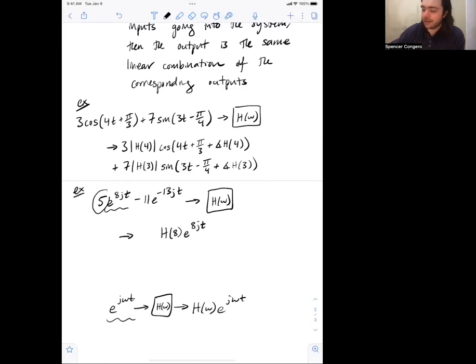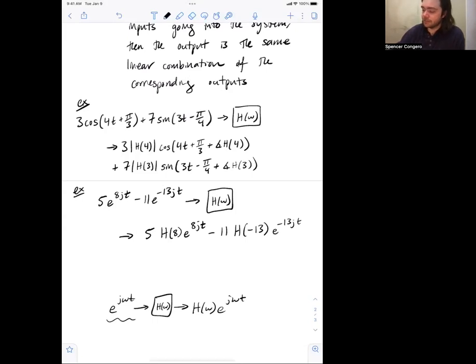But then again, by linearity, I'm just multiplying by this constant. So I can keep that constant there. And then minus that constant 11 times the frequency response. So now we have this negative 13 as our frequency. So our frequency response at negative 13, that is the frequency of that complex exponential signal, times that same signal right there.